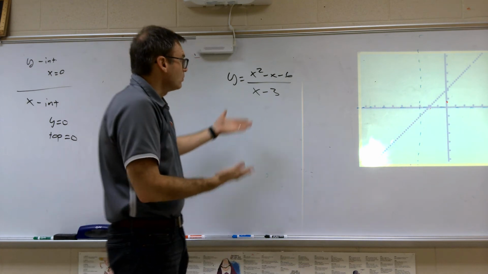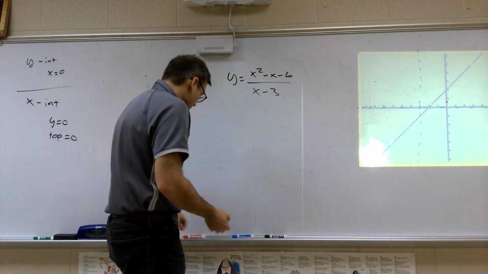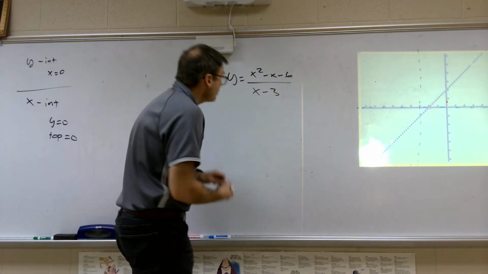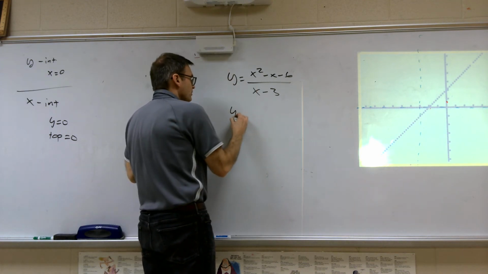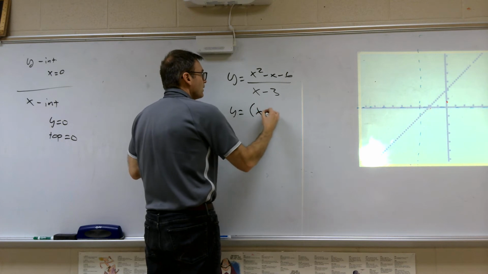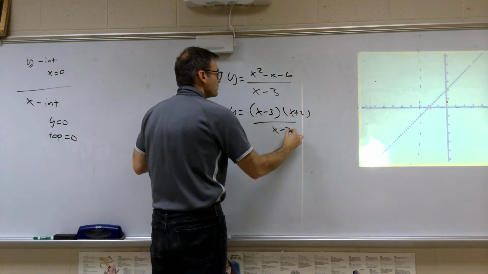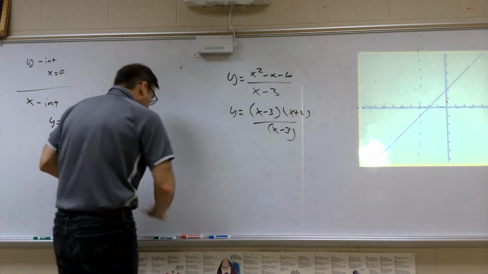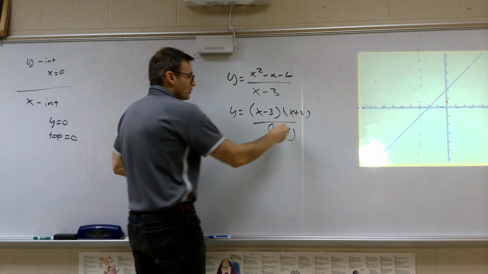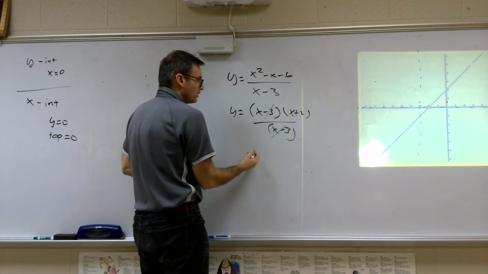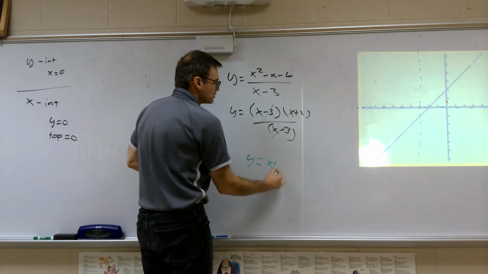So I'm going to go through the cleanup process. We factor, and this gives us y equals x minus 3, x plus 2, over x minus 3. We notice that the x minus 3's cancel, and we're left with y equals x plus 2.